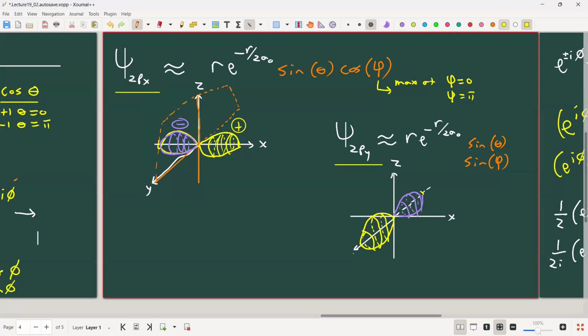Okay. So the px and the py orbitals come from the fact that we don't really have any information about the x and y axis, right? So that means that the electron moves in a complex way in the xy plane. And if we have complex behavior, we can only observe the real part of that behavior.